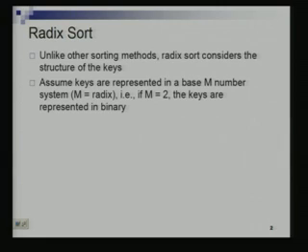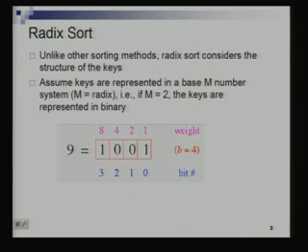We are going to assume that the keys are represented in some base m number system, and m is called the radix. If m equals 2, then the keys are essentially in binary, base 2. So, this could be an example. 9 is 1001 in binary, and we are going to use this representation of 9 to do the sorting for us.